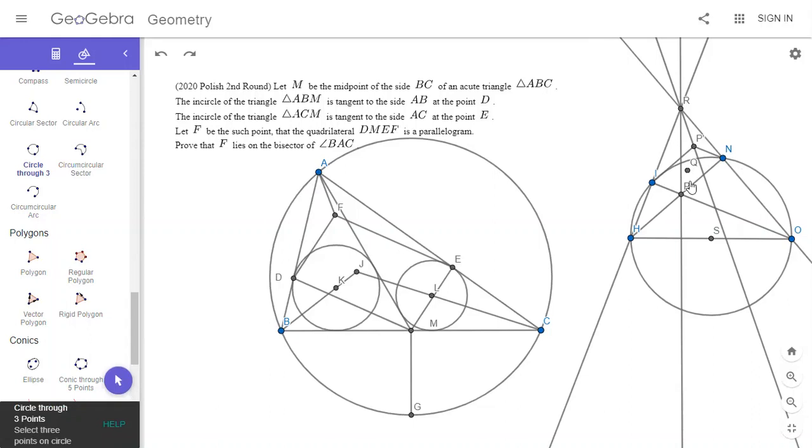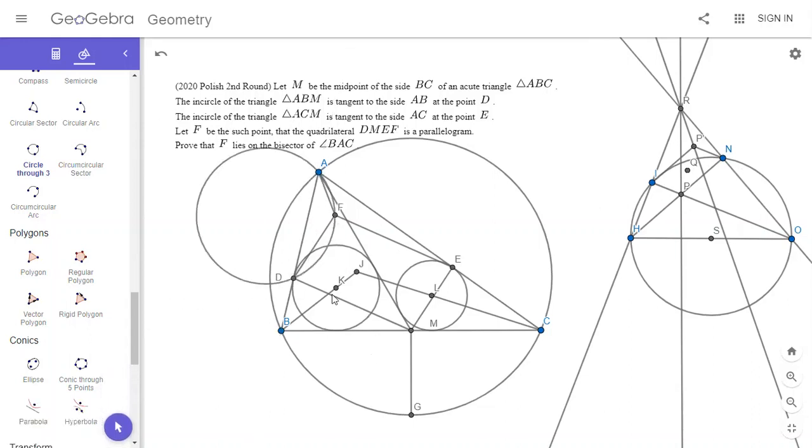I'm trying to use this lemma right here. Let me try something. This is crazy, but I'm just going to try it because I'm in a crazy mood.